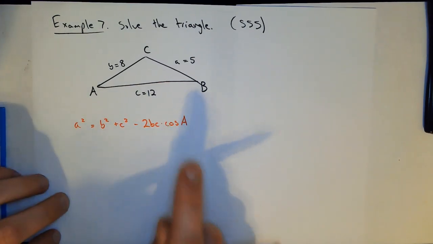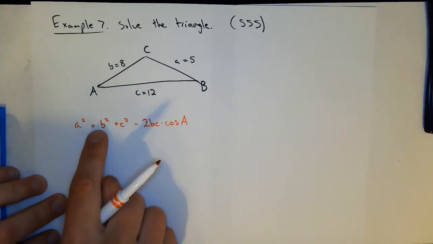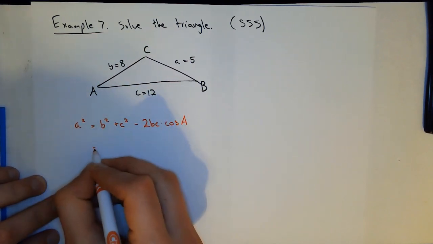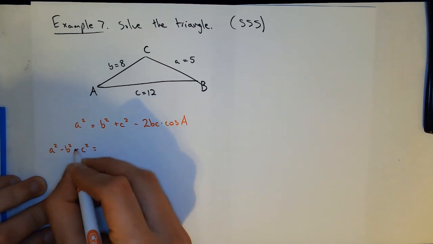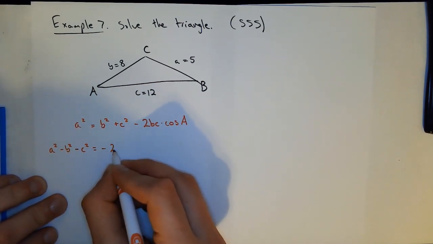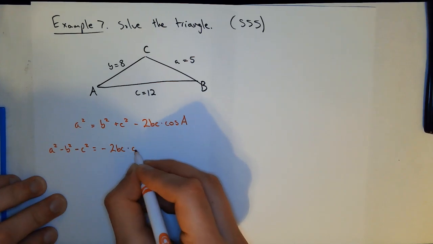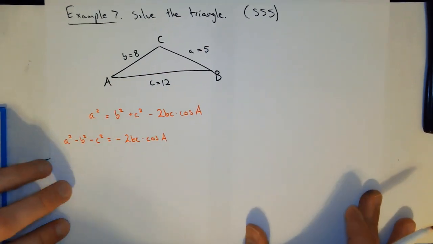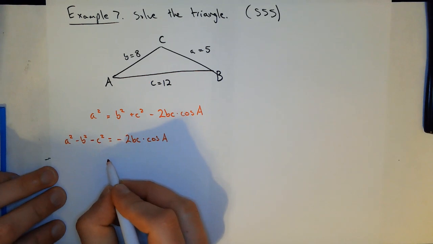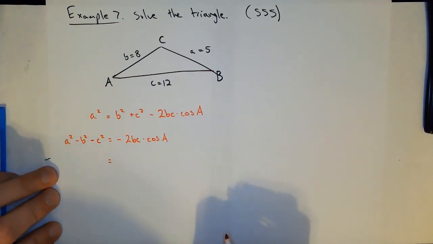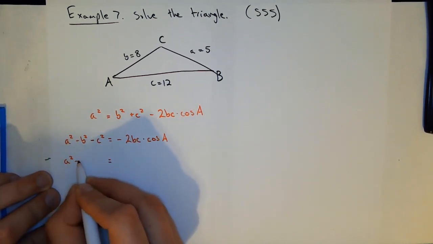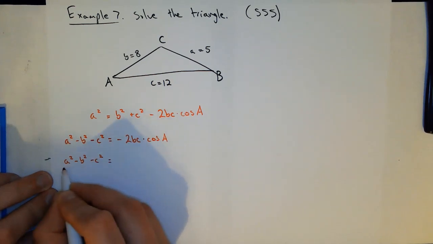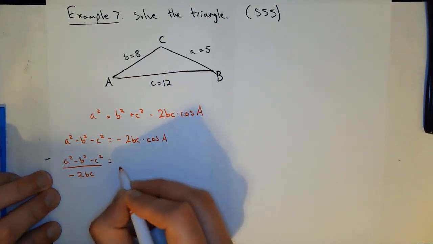First I'll scoot these two things over, so I'll have a squared minus b squared minus c squared, and then negative 2bc times cosine of A. And then I'm going to divide by this whole thing, negative 2bc. So I'll have a squared minus b squared minus c squared all over negative 2bc is equal to cosine of A.